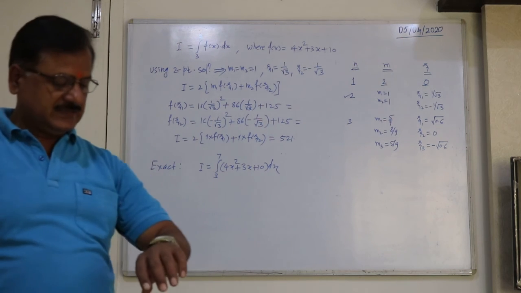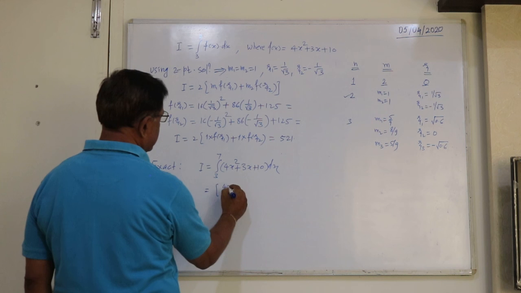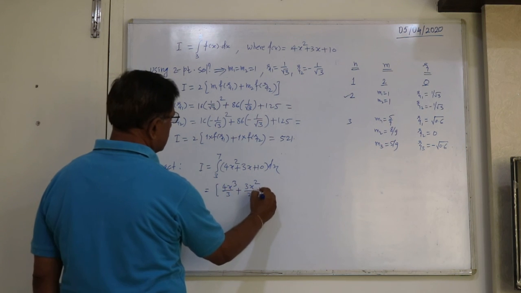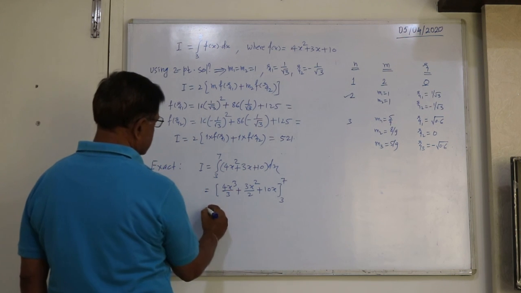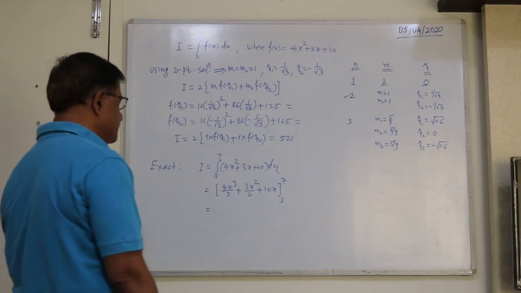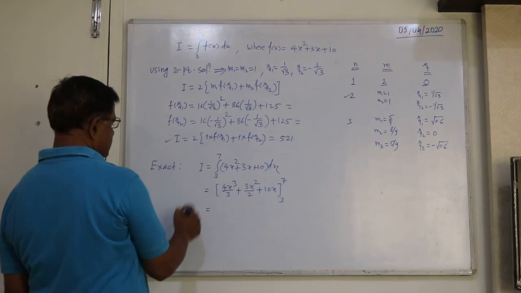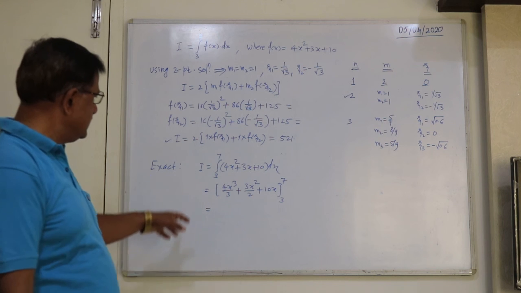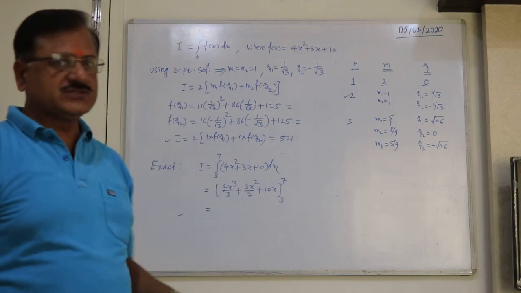This is equal to 4x cubed by 3 plus 3x squared by 2 plus 10x from 3 to 7. Take upper limit minus lower limit, and then compare. You will find the 2-point solution and the exact answer are approximately the same, very close to each other.